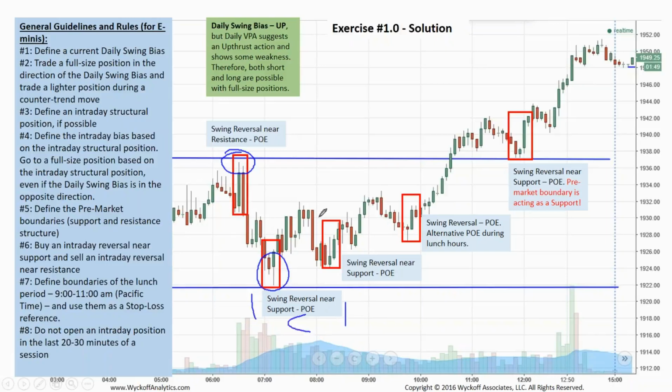So contextually we're in the correct place and we have the right call. Here we are opening the position after the test with the daily swing bias to the upside. So all of our trades are going to be to the upside rather than to the downside on this day. And note how we profit from this definition of the bias and definition of the structure when we combine both of them.